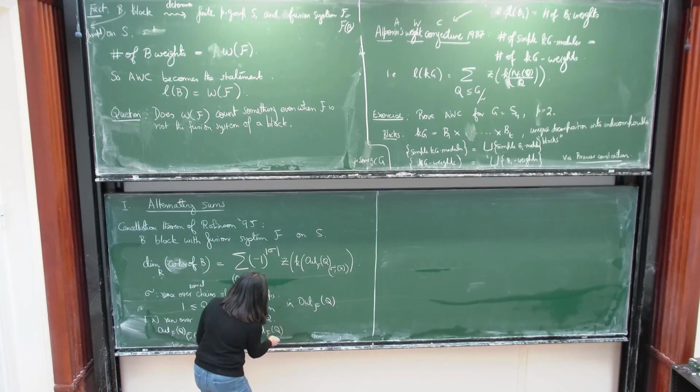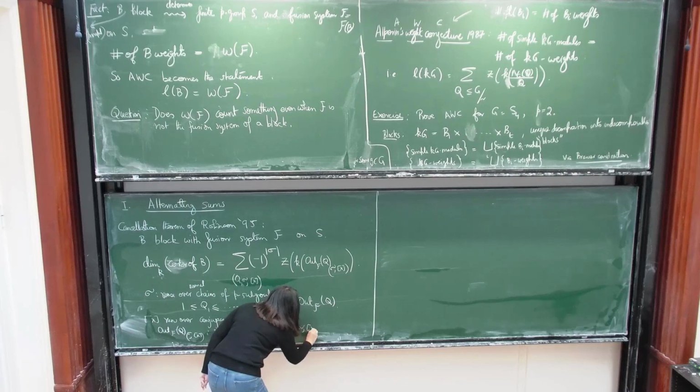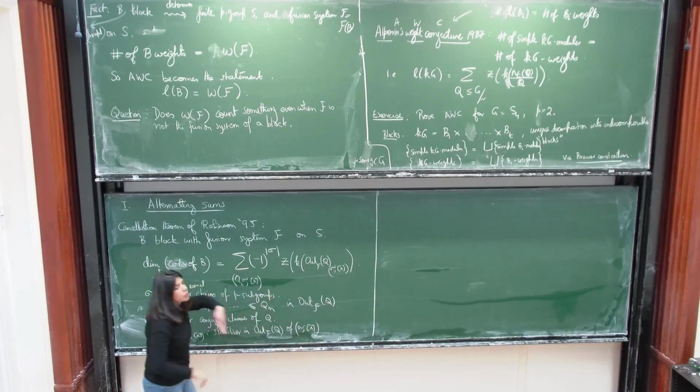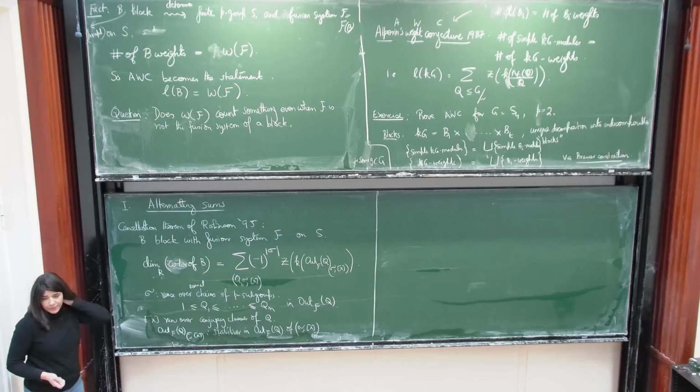All the action is happening in Out_F(Q). Stabilizer in Out_F(Q) of the pair sigma and X. And you count up to suitable notions of isomorphism.